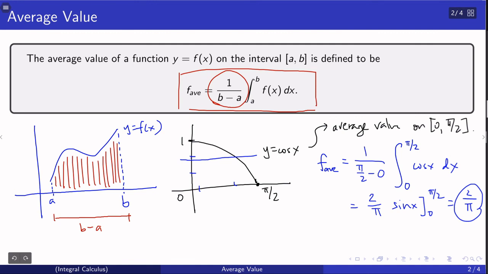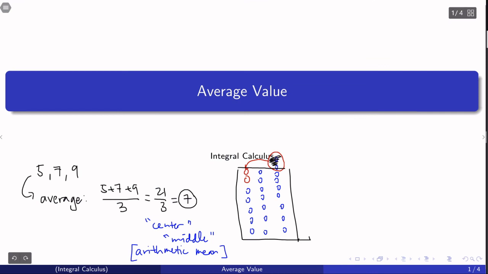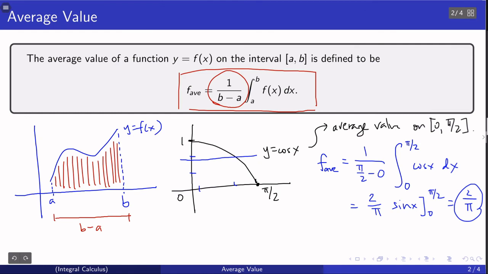And if you remember our imagery from the previous slide of these extra dots going over to fill in the empty spaces in the first column to make them all level and equal, well, we can do the same thing for average value.